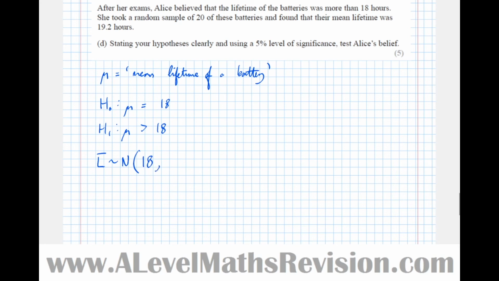The variance is no longer 4 squared, the variance is 4 squared divided by the sample size when we're testing for the mean. If you want to know why that is, go and have a look at my video on testing for the mean of a normal distribution, but we're going to assume that you know how to do that and just want a bit of guidance here, so we'll carry on.